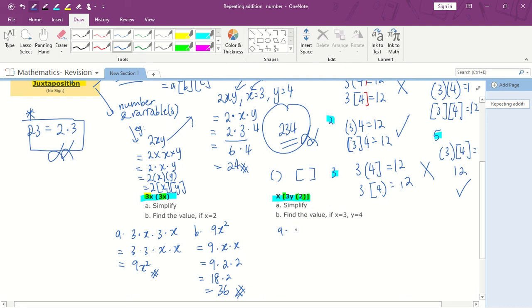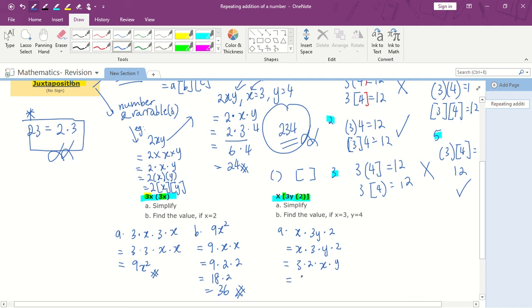You can understand this as x times 3y times 2. Or in detail, we can put x times 3 times y times 2. So we put a number in front, 3 times 2 times x times y. When we're rearranging it, we put it according to the alphabet, A to Z. So x first, then y.